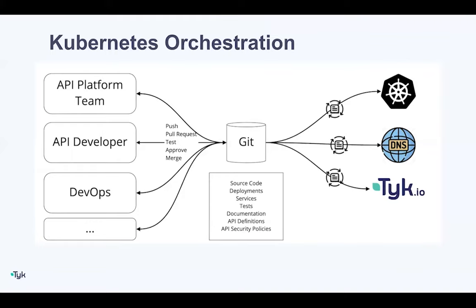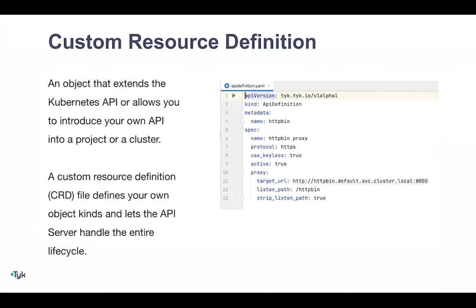It doesn't have to be in Kubernetes. And I mentioned custom resource definitions there, so perhaps just a quick look at what they are. A CRD allows you to manage your custom objects and Kubernetes native objects exactly the same way through a single pane of glass.